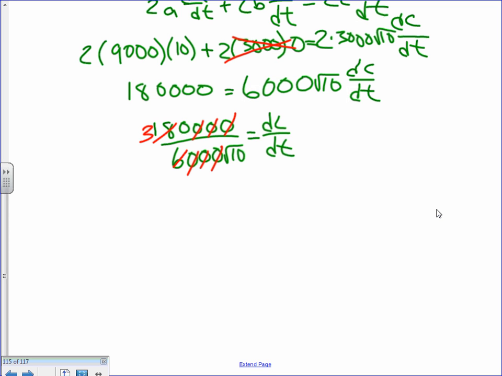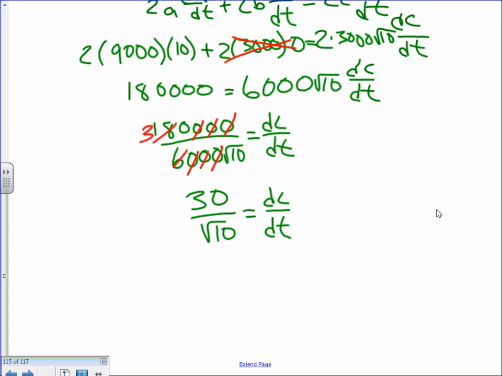All this simplifying really does work, even though it seems like I'm cheating. I end up with 30 over square root of 10 equals dC/dt. 6 times 30, yep, I think that all works. 30 over square root of 10 equals dC/dt.